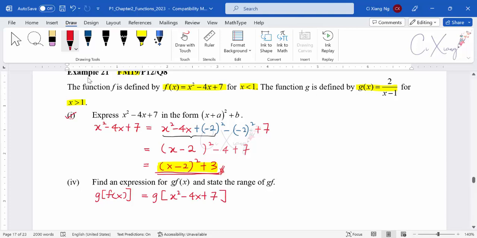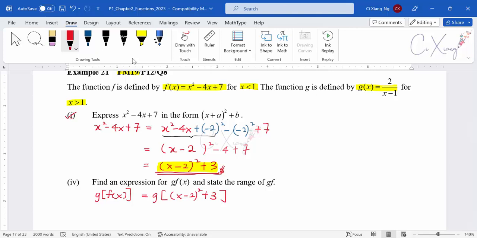Because in the first part they already asked us to express f(x) in completed square form, and usually in our A-level questions, what they want us to do in the earlier parts, like part 1, part 2, we'll want to use in the later parts. So instead of putting in x squared minus 4x plus 7, I will put in the completed square form, which is (x minus 2) squared plus 3.